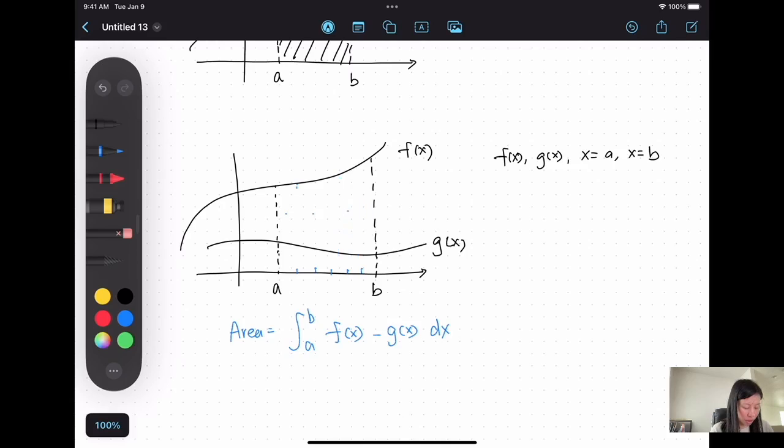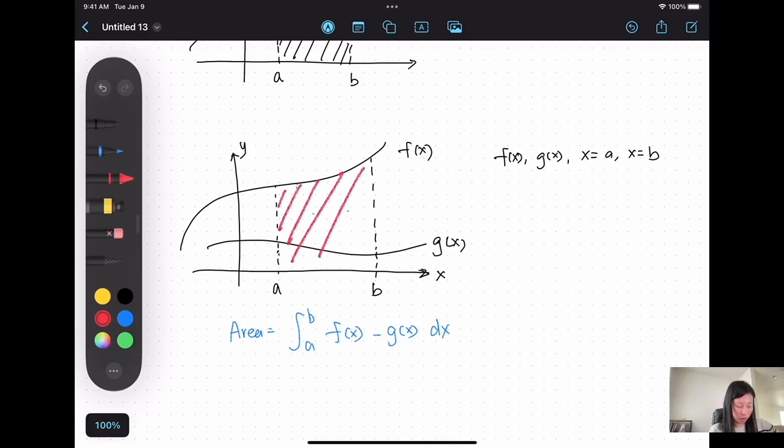So basically, if you look at this graph, I can consider this part as equivalent to using the area of f(x), which is this part. The red part we define as the integral of f(x) dx from a to b, and subtracting the integral from a to b of g(x), which is the blue part.